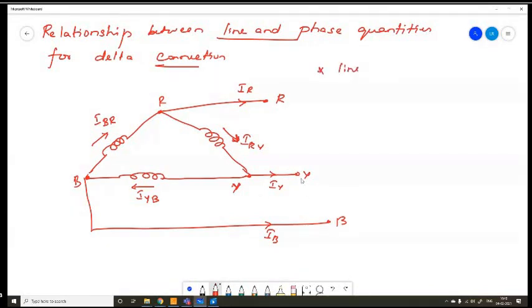In the same way, if you look at the voltage between Y and B, this will be the same as the voltage in this phase. So the line and the corresponding phase voltages are identical.